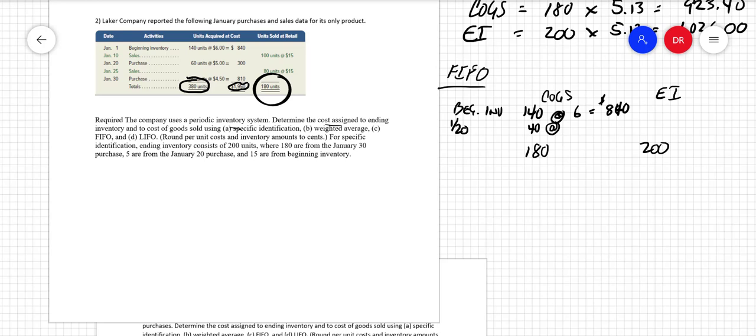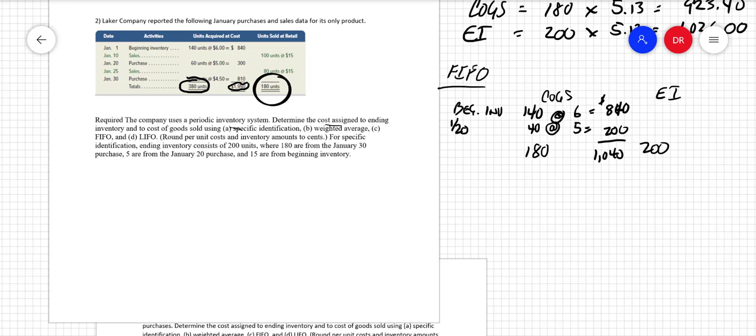So 40 units at $5 is equal to $200. That means that our cost of goods sold under FIFO is going to be $1,040. Okay?